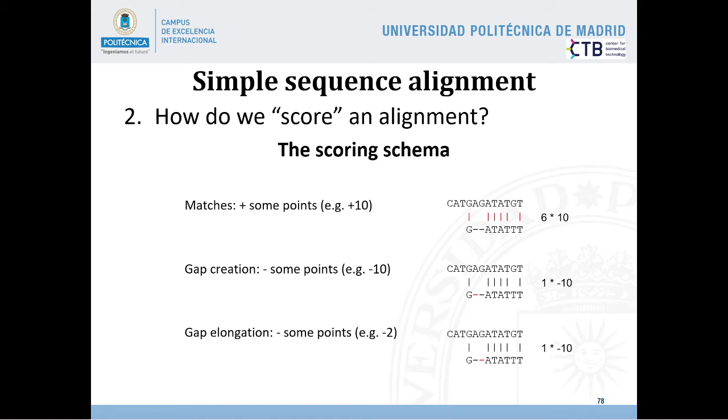So the main features taken into account to create a scoring system would be the number of matching residues, the one you can see at first point, the number of mismatches, the number of gaps and the length of those gaps.